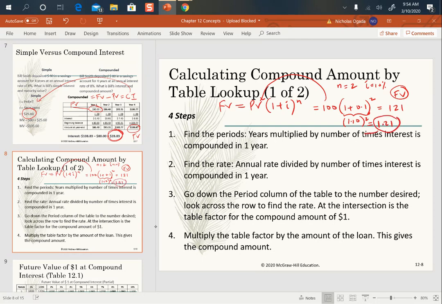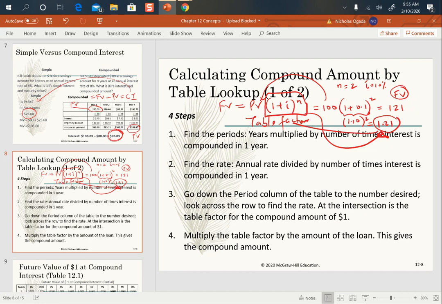This is what we call the table factor. This is what your table is giving you in the case of the future value. So in this example of n is 2 and i is 10%, the table is giving you 1.21.